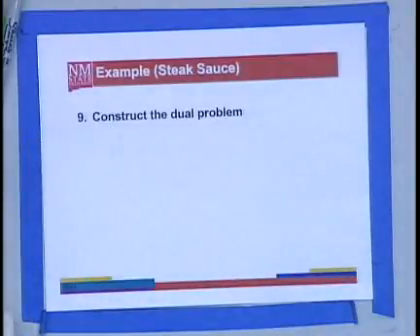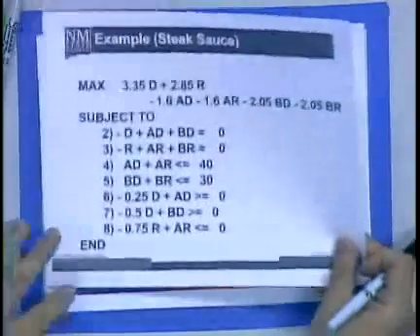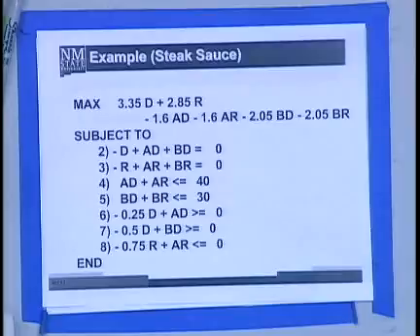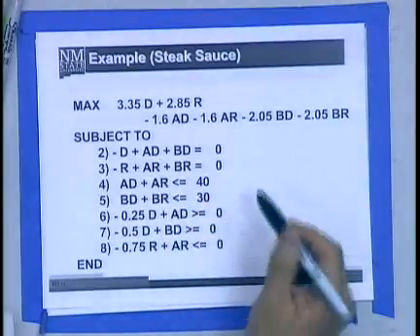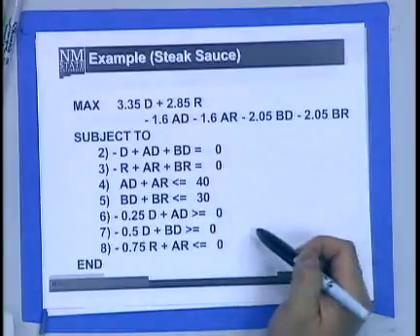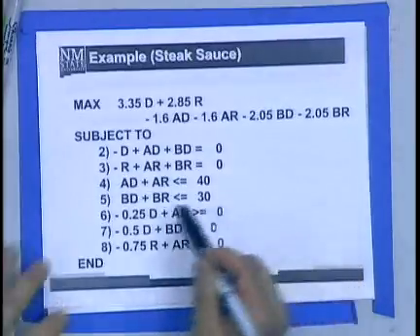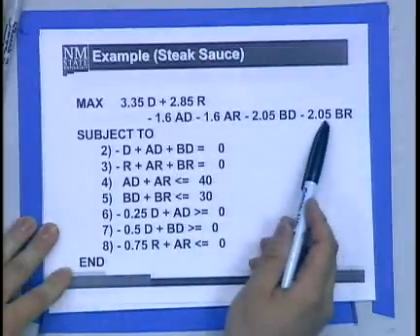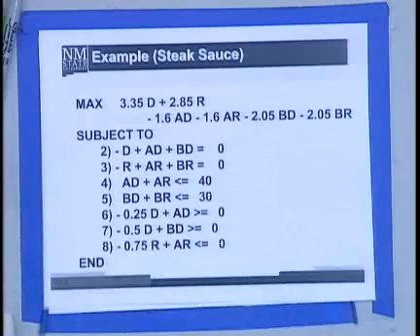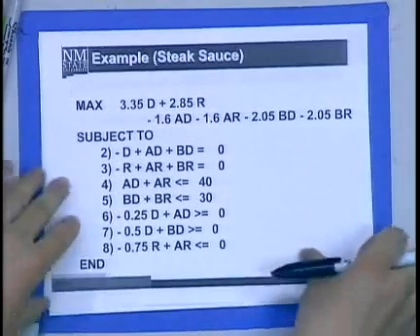Okay, next, we are required to construct the dual problem. Because the primal problem has 7 constraints, the dual problem must have 7 decision variables, and the primal problem has 6 variables, which means the dual problem must have 6 constraints, right?